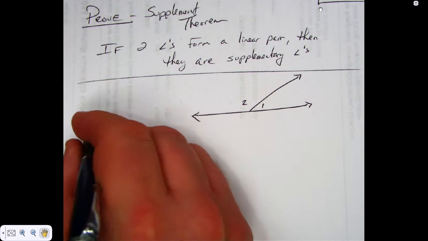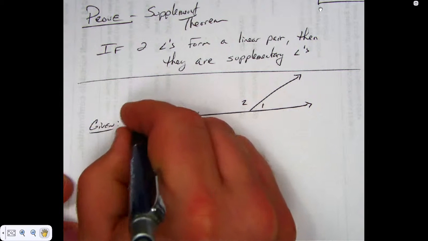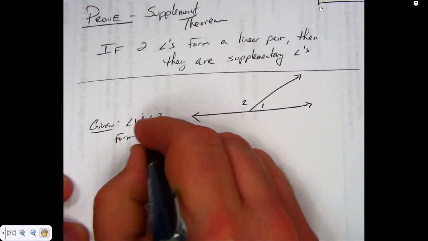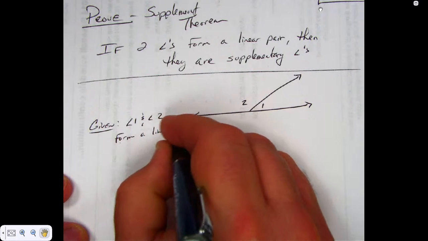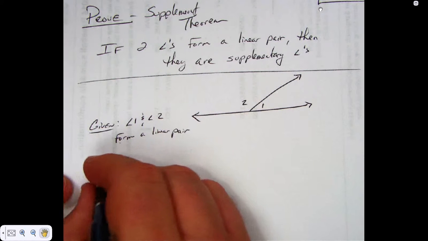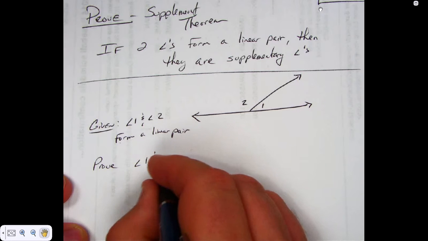So what's given to us? Angle 1 and angle 2 form a linear pair. I want to prove that angle 1 and angle 2 are what?